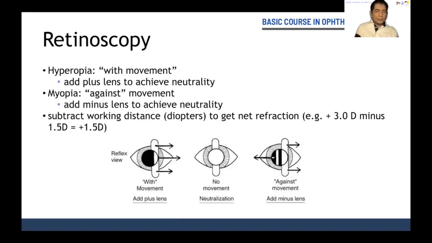The amount of lens that neutralizes your movement is what we call the gross retinoscopic findings, and subtracting the power of your working distance gives you the net retinoscopic findings. For example, if you neutralize the reflex with plus 3 diopters and your working distance is minus 1.5, your net retinoscopic finding is plus 1.5.